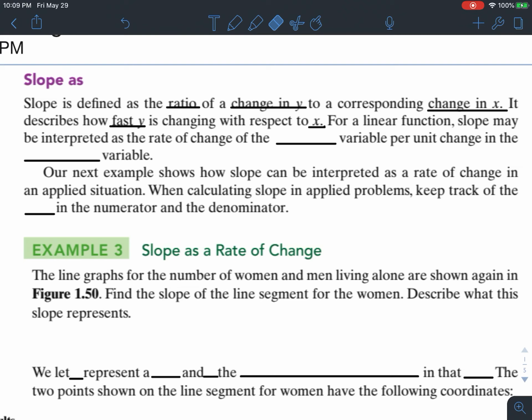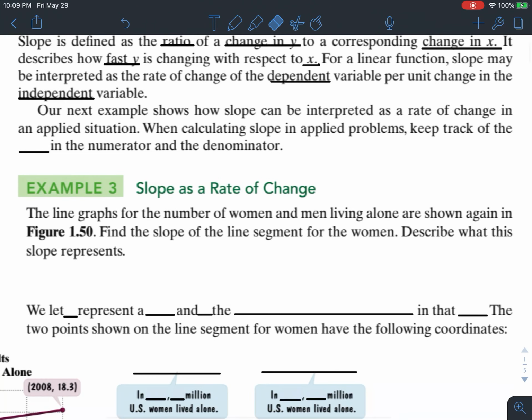For linear functions, slope could be interpreted as the rate of change of the dependent variable, because that's usually y, per 1 unit of change in the independent variable. So this example that we're going to do talks about how it can be applied.